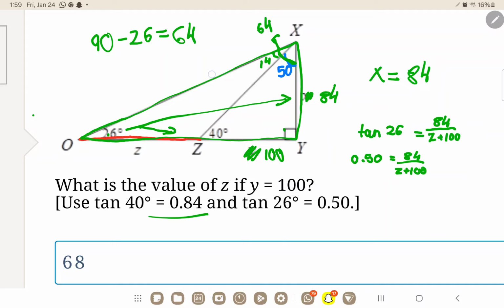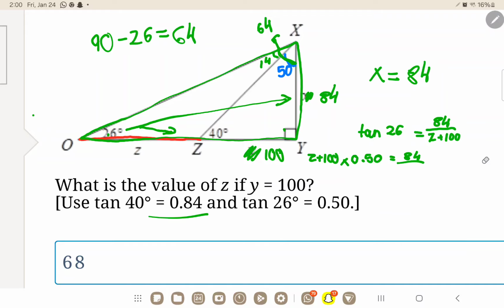So what do we do here? To make it only z plus 100 on one side, we divide both sides by 84. But that genuinely confuses me, so what I do is just multiply both sides by z plus 100.